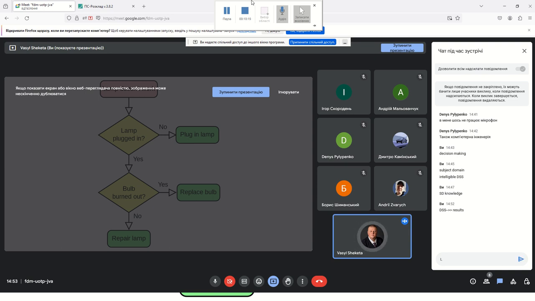So I type in here, and after I will transfer it to our Telegram groups. So lab 1 will be about rules-based DSS. That will be topic 1, lab 1.